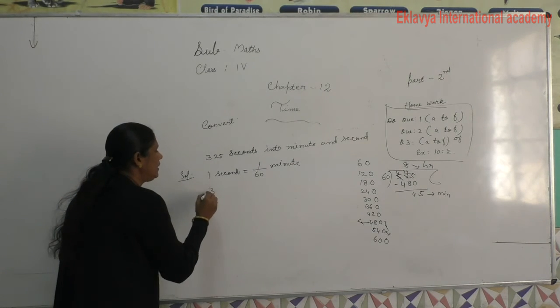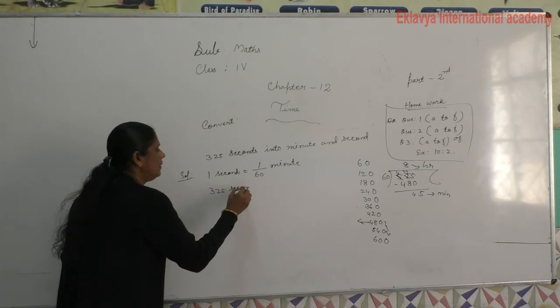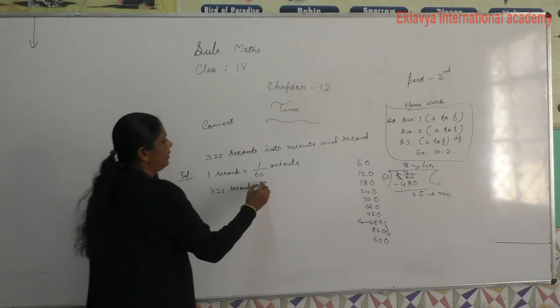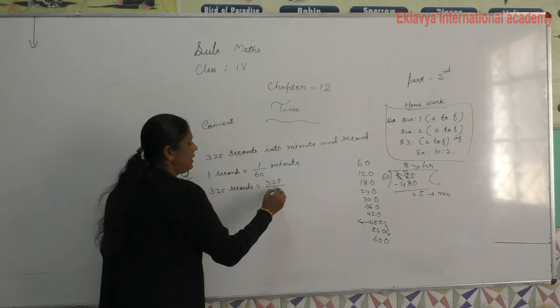Then 325 seconds is equal to 325 upon 60.